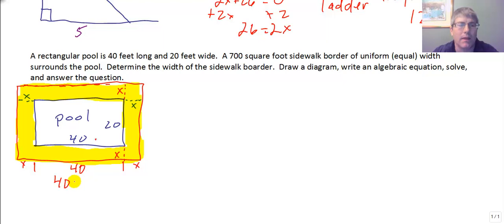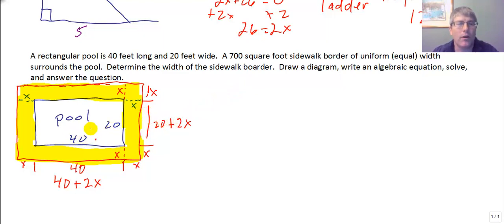So the length of the pool is 40 plus 2x, x on the right and x on the left. And we do that same kind of concept here. So this length is 20, but we still have this distance x and x. So the dimension, our width of our pool is 20 plus 2x. The 20 of the pool plus the x on each side for the sidewalk.